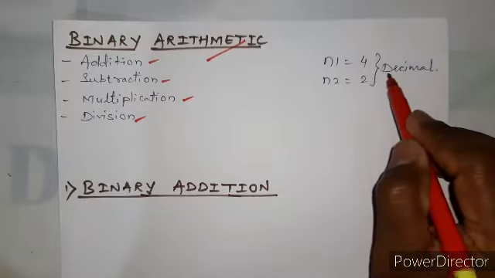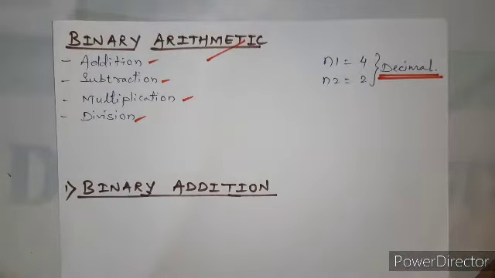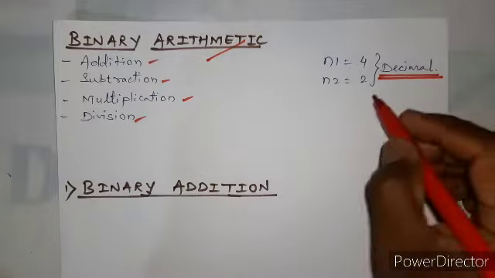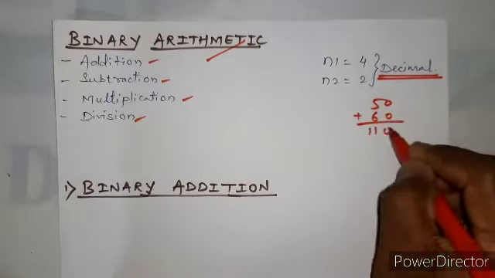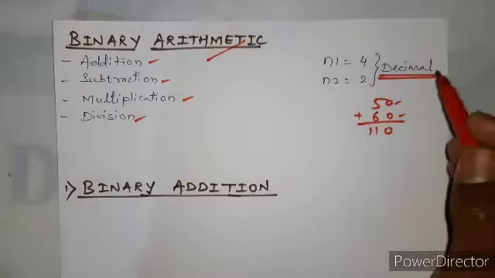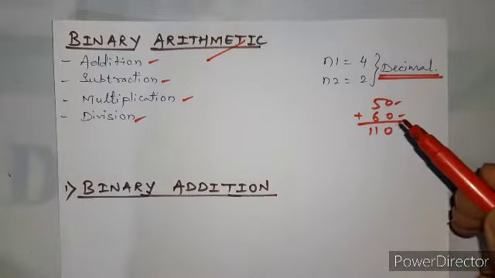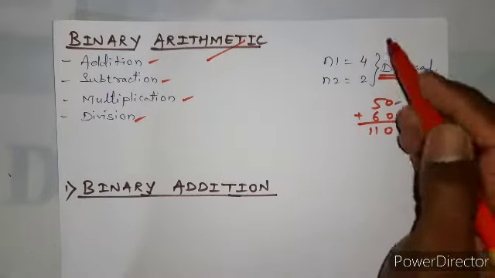Most of the time we have performed these operations on decimal numbers, like you take 50 and add 60 and the answer is something like this. Up till now we have seen these arithmetic operations on decimal numbers.